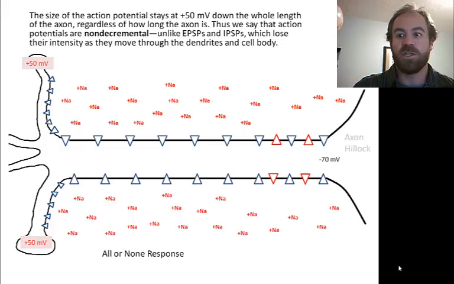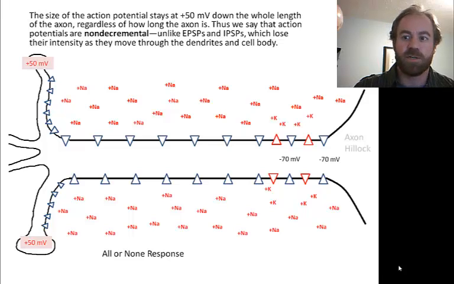Consequently, positive potassium ions begin to flow out of the axon. This removal of positively charged ions begins to push the voltage down towards zero and back into the negative range.